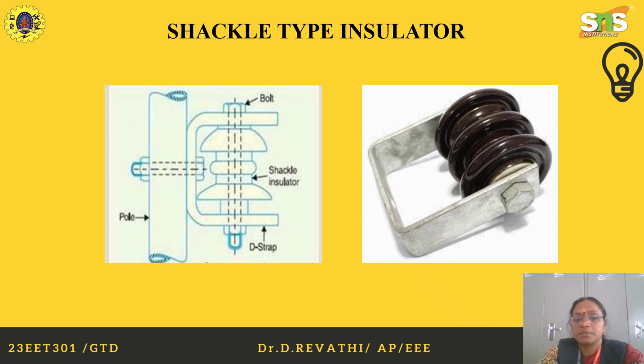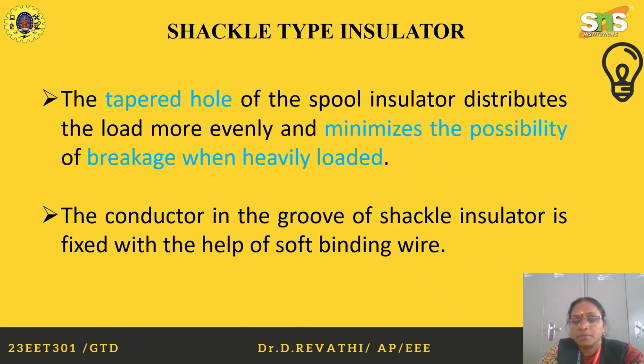Here I show the shackle type insulator, and there is a hole from top to bottom for connecting the wire, and it has a round shape. As mentioned, it is connected to the pole, and there is a tapered hole in the spool insulator.